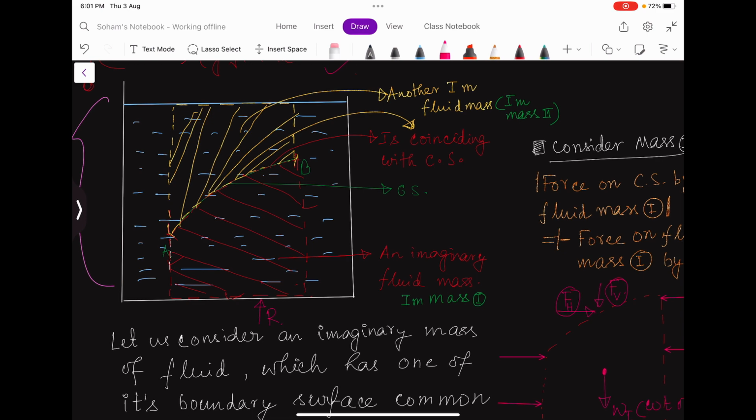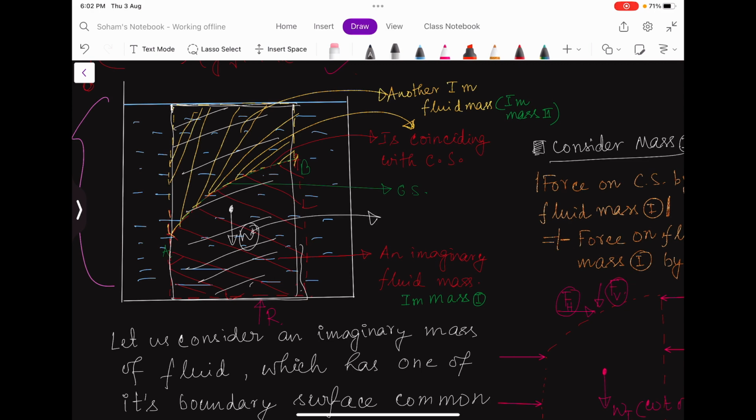Now if I consider this total volume, then there are only two forces acting in the vertical direction, obviously. One is R, another is its own weight, and this weight comprises this part and this upper part.